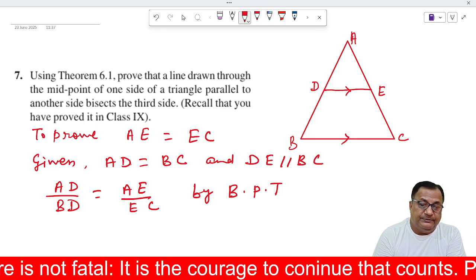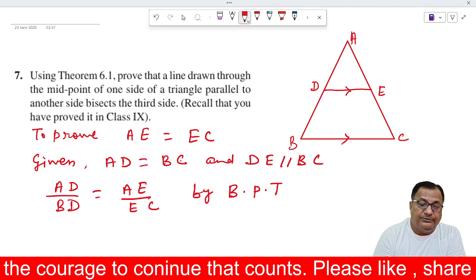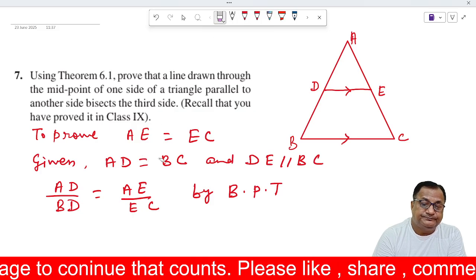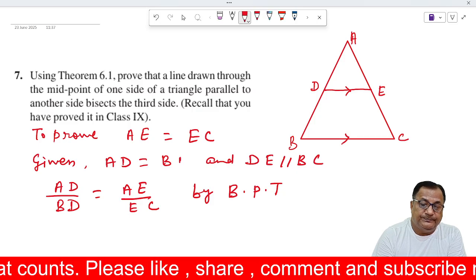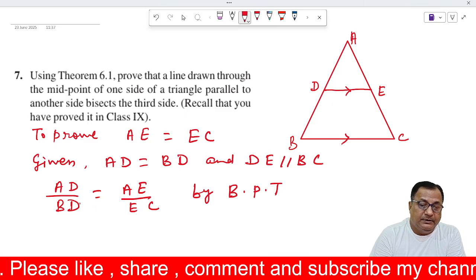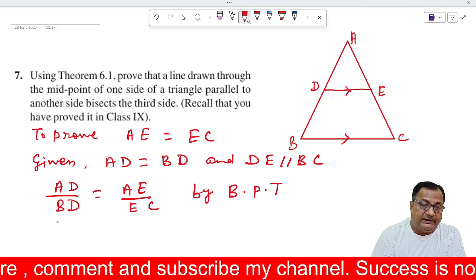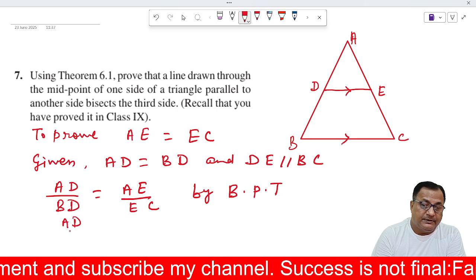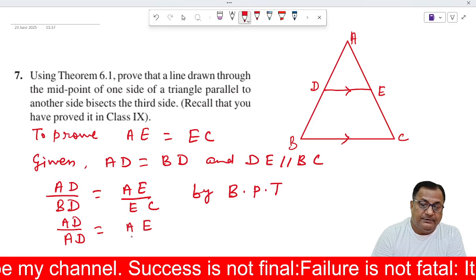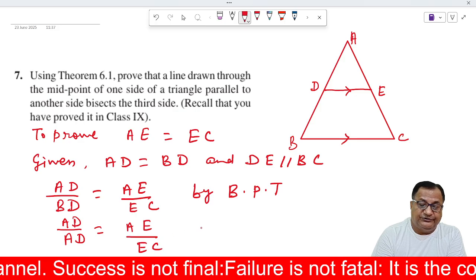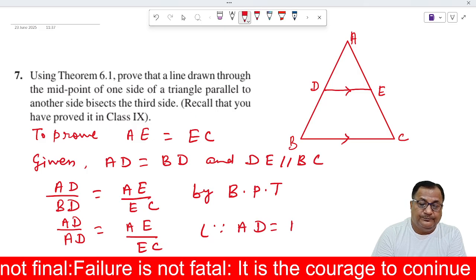And AD is equal to BD. Now here we'll put in place of BD, we can write AD by AD is equal to AE by EC, since AD is equal to BD.